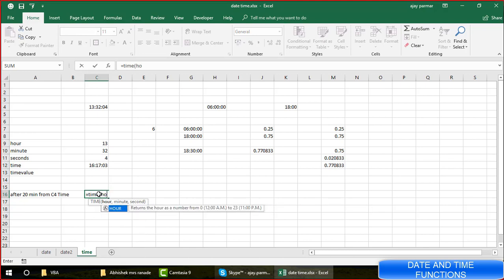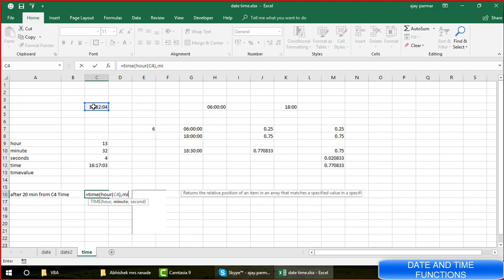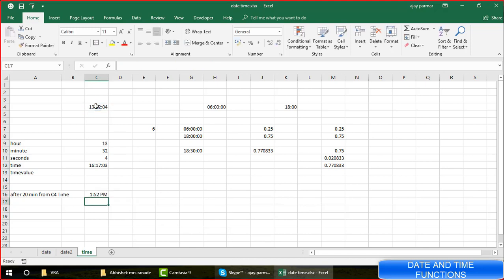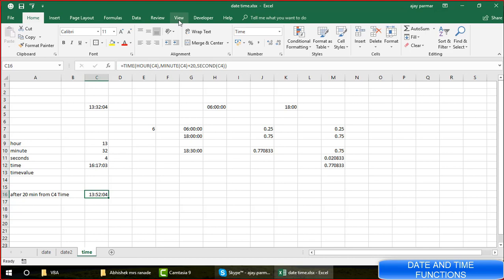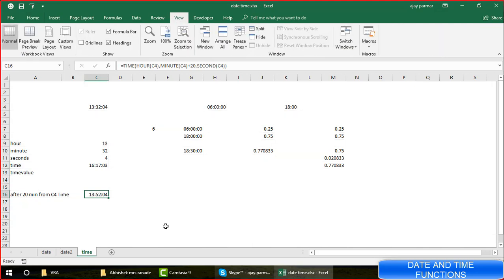Hour remains the same, so I will capture the hour 13, I'll capture the minute also, and in the minute I'll add 20, and then I write here second. So I have my time here as 1:52. This is so easy, guys, with this function, right?